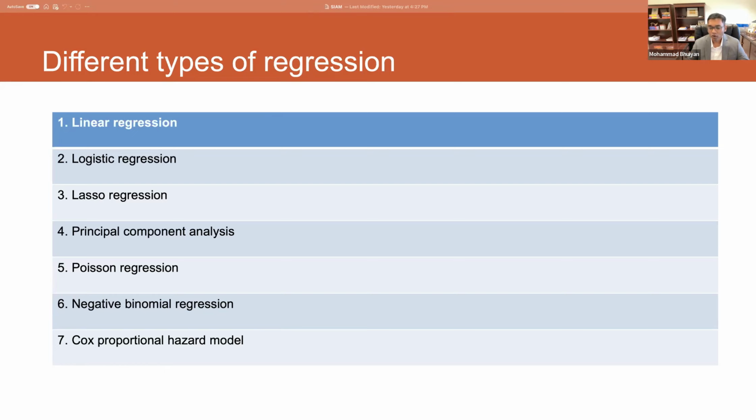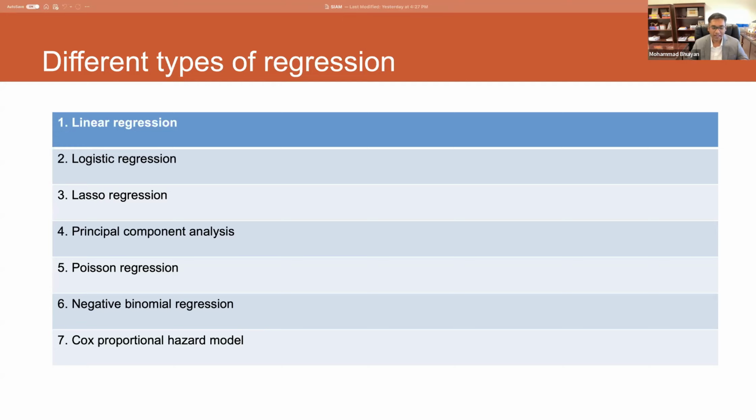Logistic regression, where your outcome is binary. Suppose you want to see, among cancer patients versus non-cancer patients, whether smoking has an effect on cancer or not. In that case, your outcome will be cancer, yes or no, and smoking, yes or no. Then you want to see if there's an association after adjusting for age, race, and other variables.